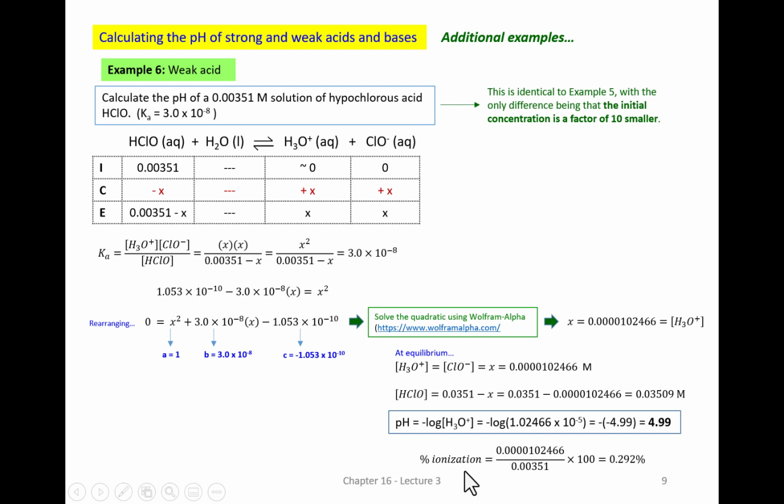Interestingly, the percent ionization, which of course we get by taking our value of x and dividing by the initial concentration of hypochlorous acid, is now 0.292%. Now that's still small, but it turns out it's actually larger than in our previous example. We'll get back to that.